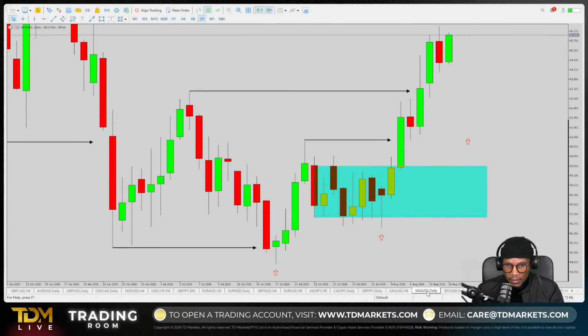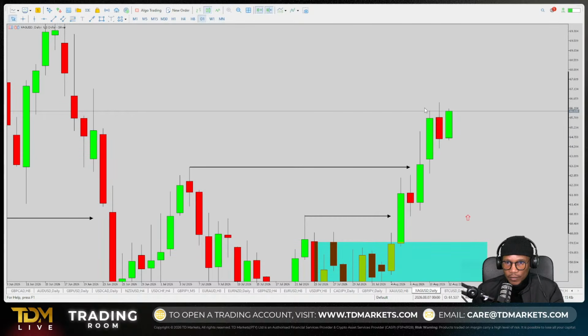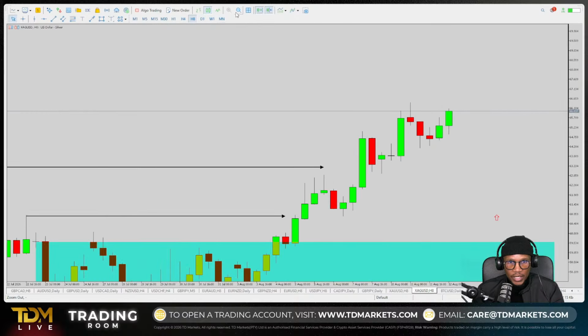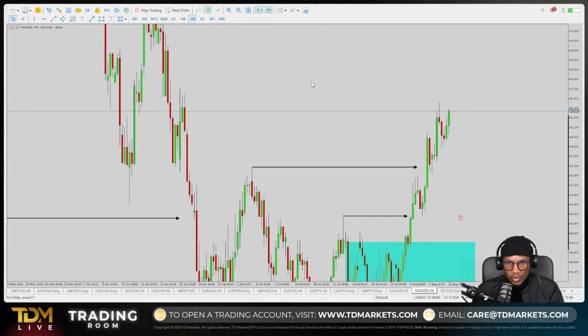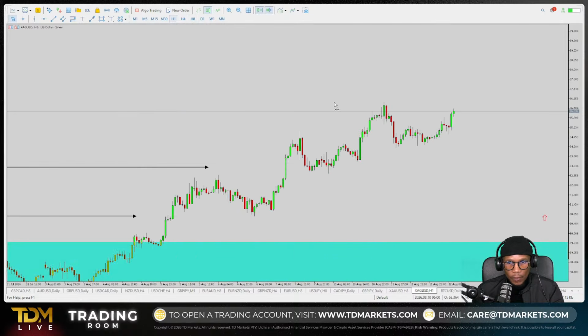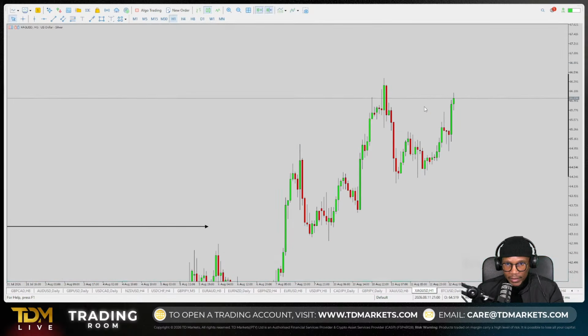Let's go to silver. Okay, so silver didn't really give us that strong rejection according to the daily candle. So it's still going up. Where it is right now, it's about to complete this and go back to this high again, this structure again.